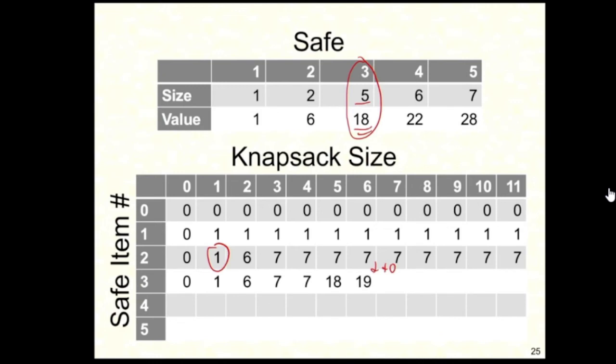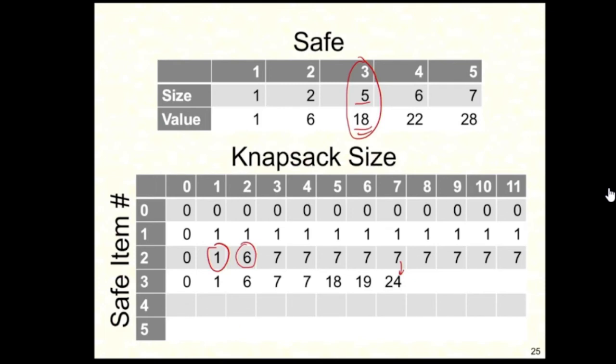Now, I could say, okay, well, next one, I can either take the one above me and add 0, or the one 5 to the left of me and add 18, which gives me a 7 plus 0, or 6 plus 18 is 24.